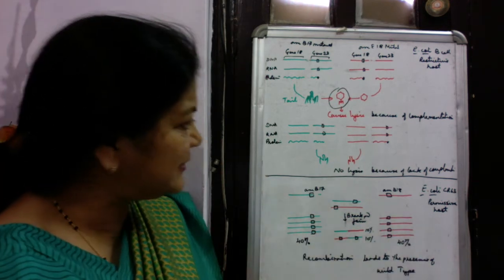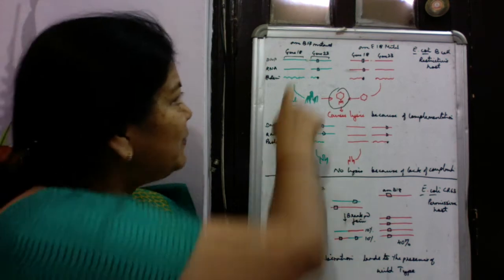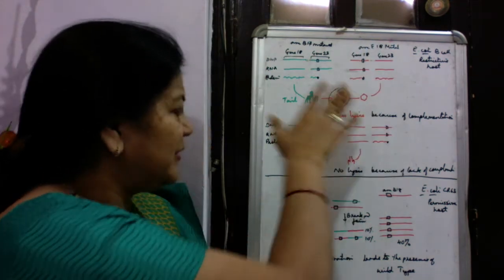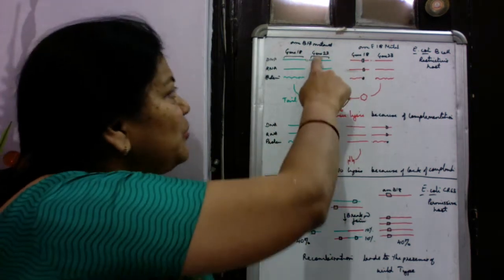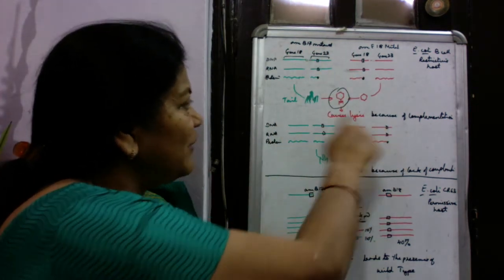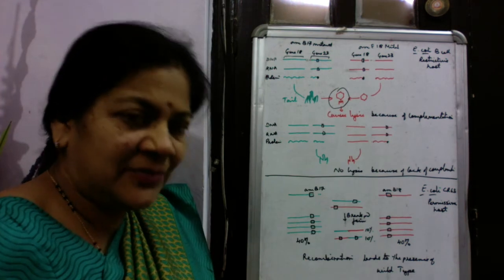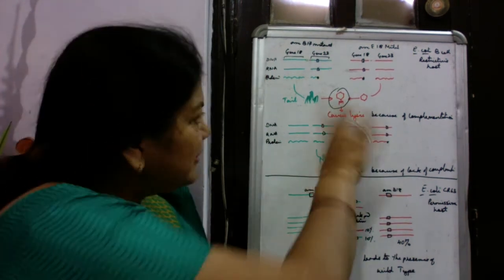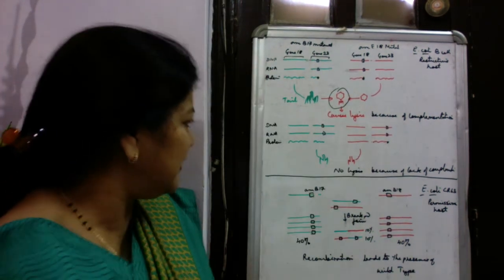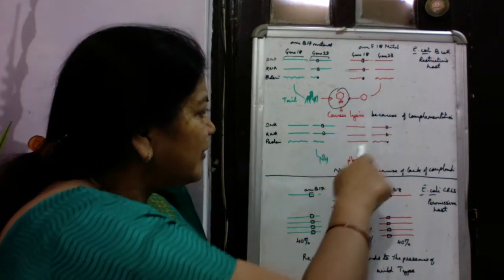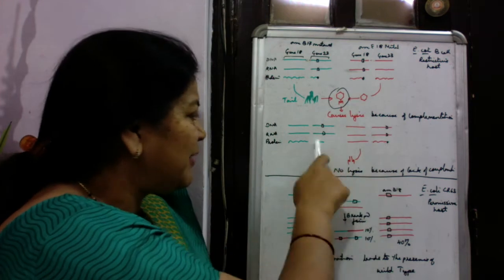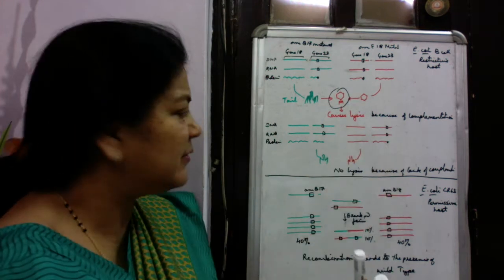Now let us consider a second situation in which we have the same setup, except that in both these mutants the mutation is in gene 23. Here also it is in gene 23 and here also it is in gene 23. As a result, this is making a normal tail fiber and this is also making a tail fiber, but the head proteins are mutated.